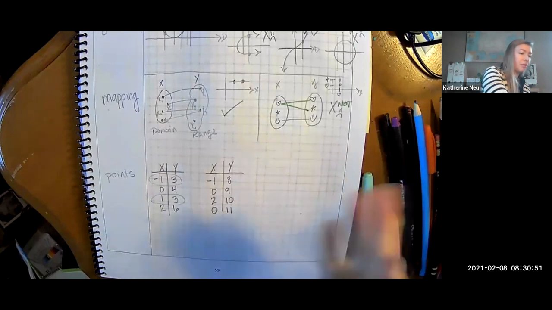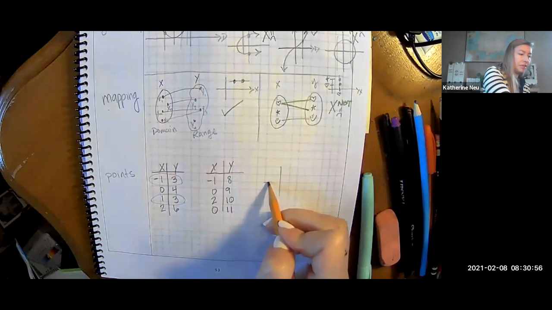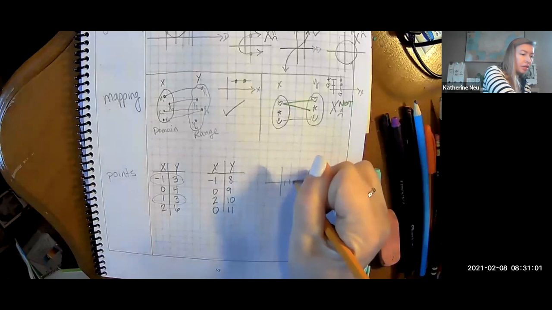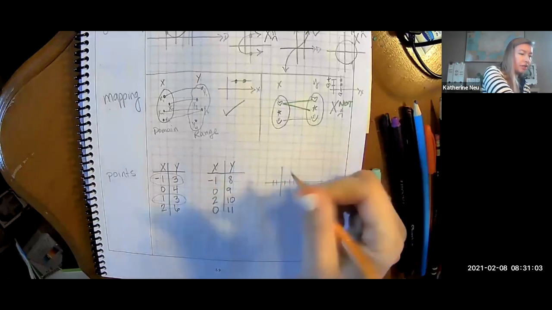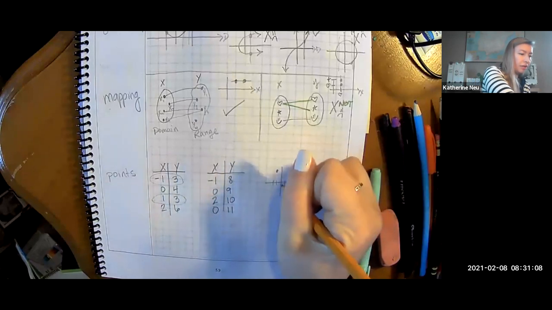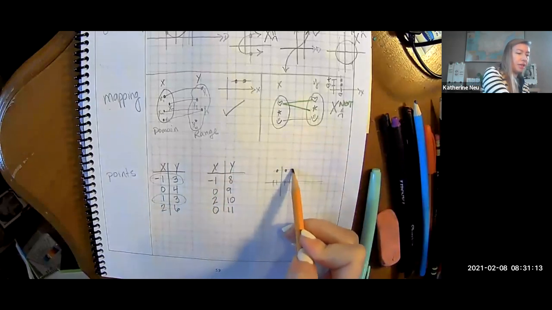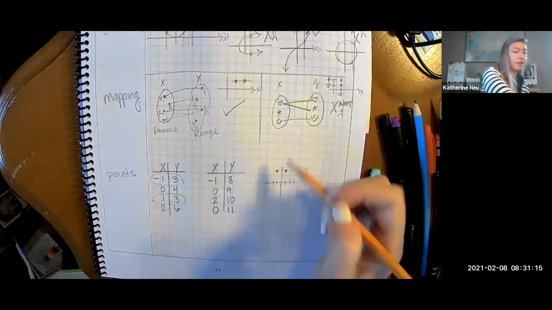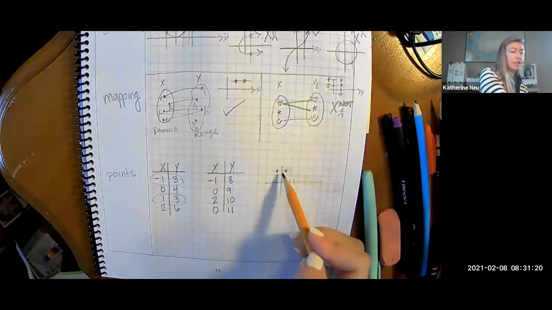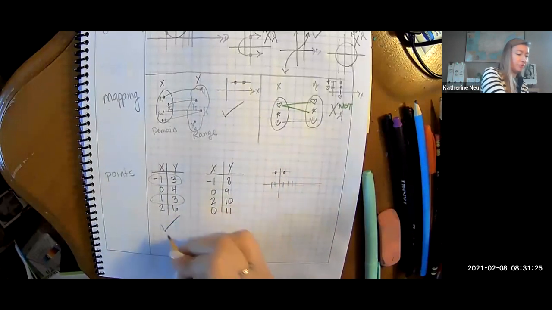If I think about that on the graph, I'm okay there, because I'm making a line between these two points. I can always drop a vertical line down and no matter where I do, I'm only going to hit this once. So this one is okay. This one is a function.